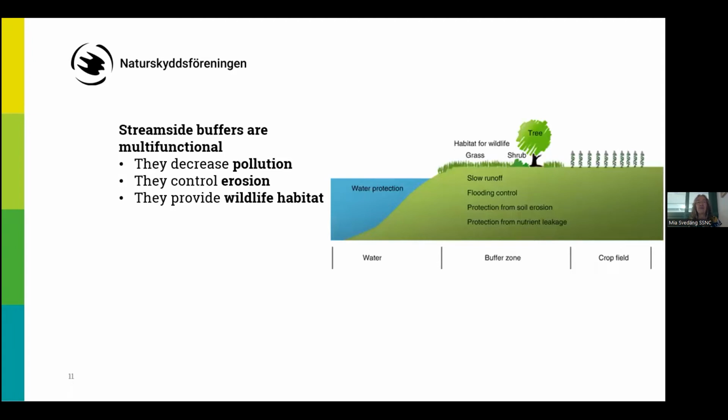So streamside buffers are multifunctional. They decrease pollution in the water. They also control erosion, and they can provide wildlife habitat. So they are multifunctional. They can do a lot of good things at the same time.